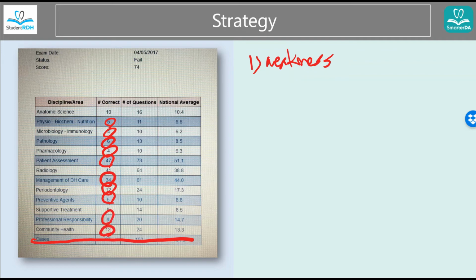Okay, from here, the big ones to me were actually, I'm going to put them in yellow. They were this guy, management, and then maybe periodontology, and I would even say preventive agents, because there's a big gap between the national average and what the student had scored.